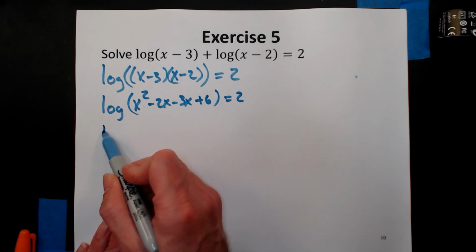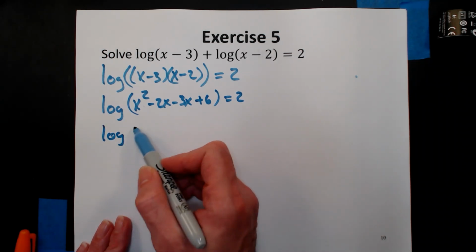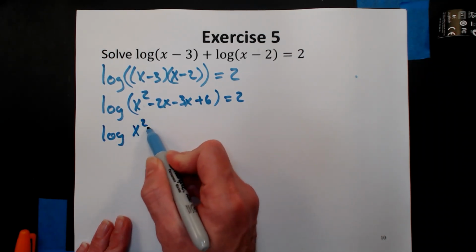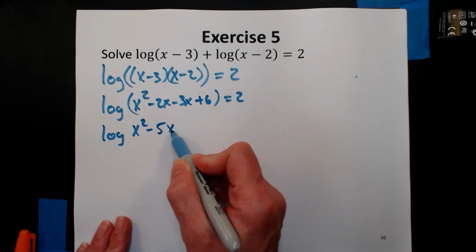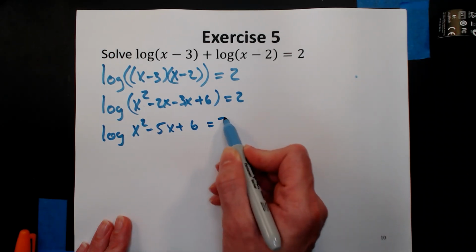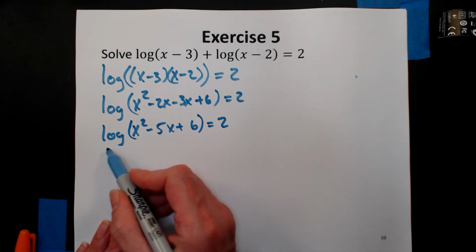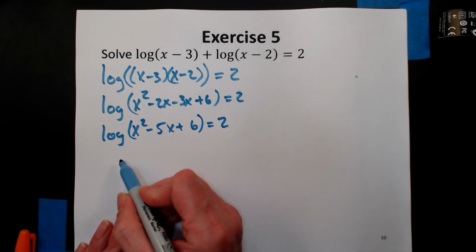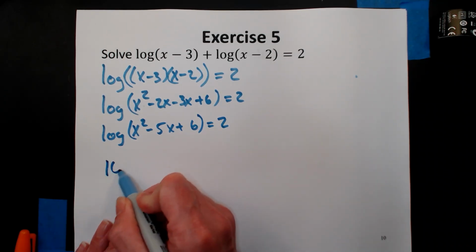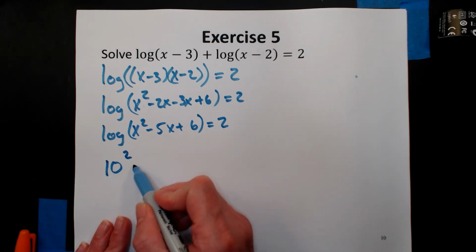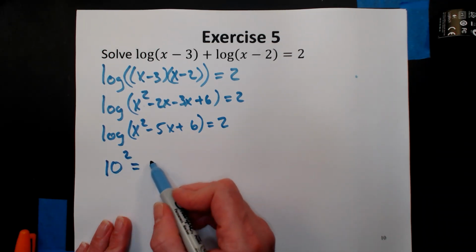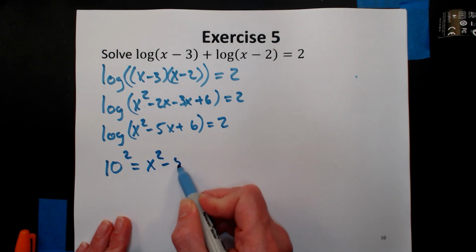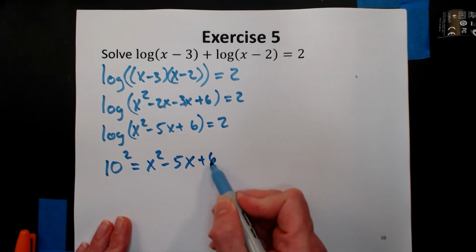So I'm going to get log, which is understood to be base 10, of x squared minus 5x plus 6 equals 2. And then now I'm going to convert this to exponential form, so it's actually the understood 10 to the second power. It's going to give me x squared minus 5x plus 6.